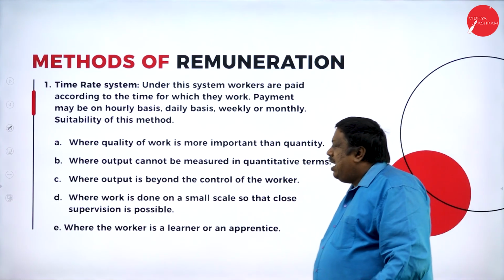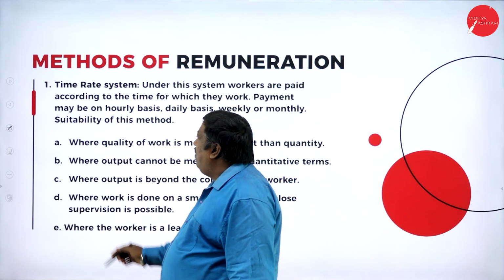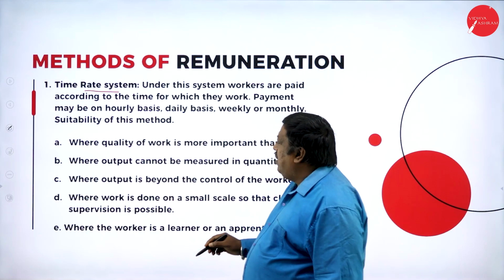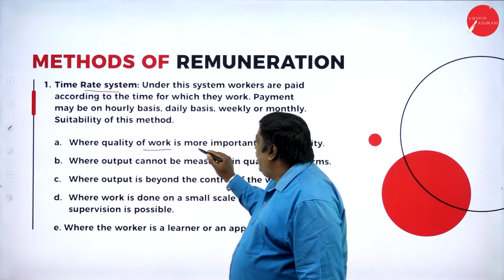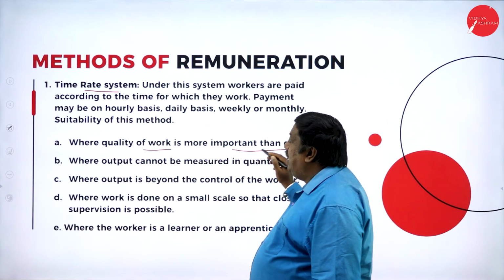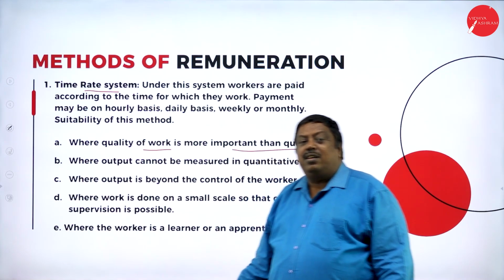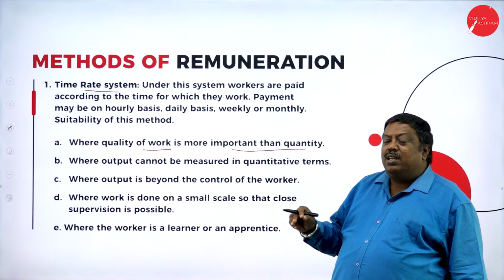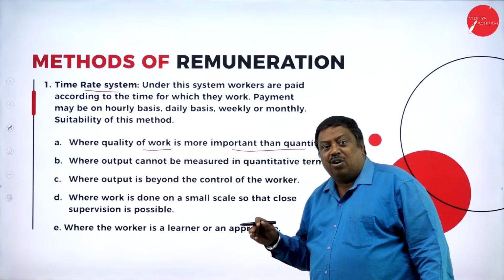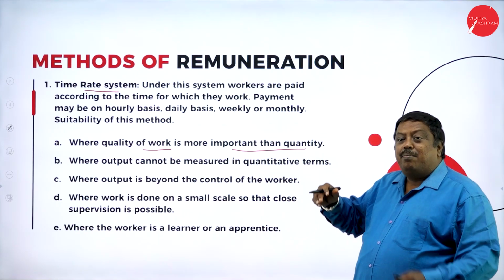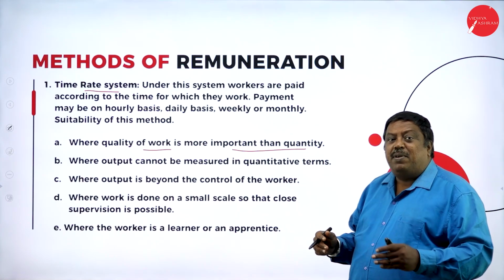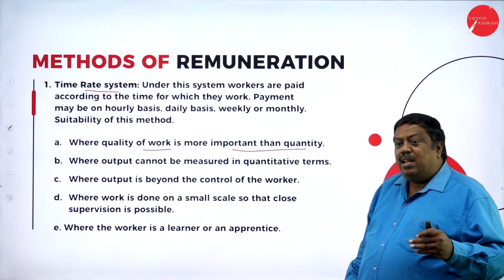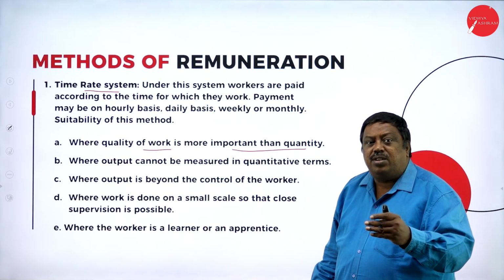What are the methods we have here? The first method we have is the time rate system. Under the time rate system, we see that quality of work is more important than quantity. Here we are going to fix the standards in such a way that people are not given different options or a different mindset, so that they say the person has taken the right decision.